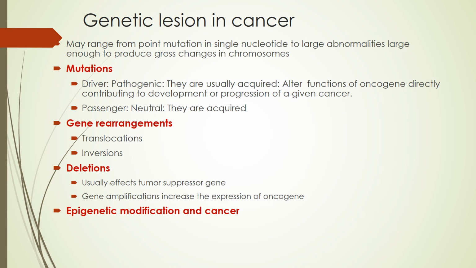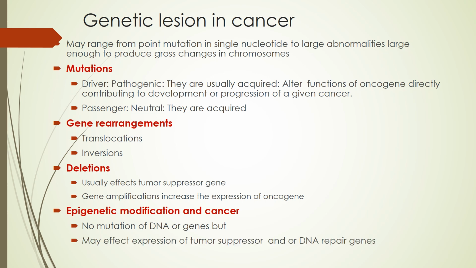Gene amplification increases the expression of oncogenes. Epigenetic modification in cancer: no mutation of DNA or genes, but may affect expression of tumor suppressor and DNA repair genes. So what are epigenetic modifications? There is no effect on the DNA or the genes, but the expression of the tumor suppressor or the DNA repair genes may become abnormal.